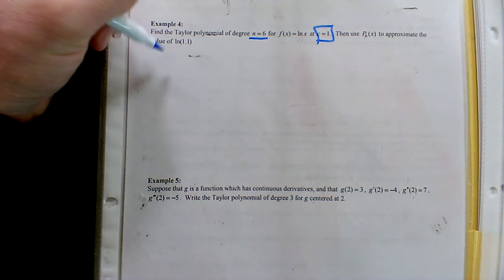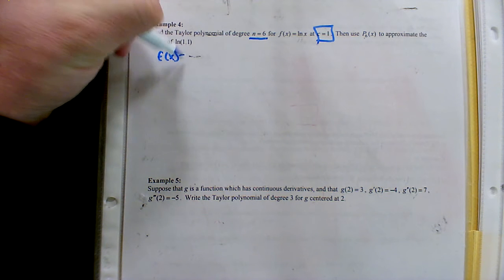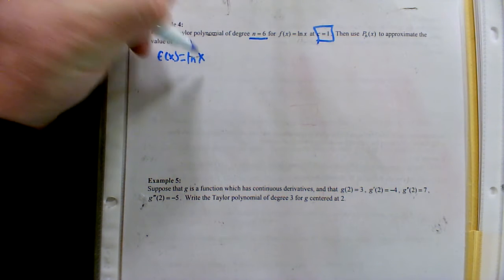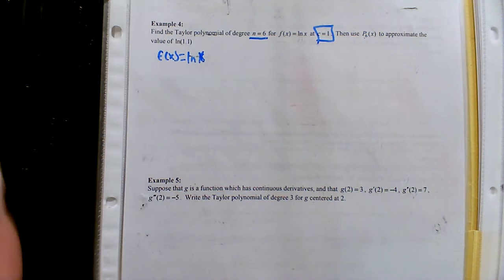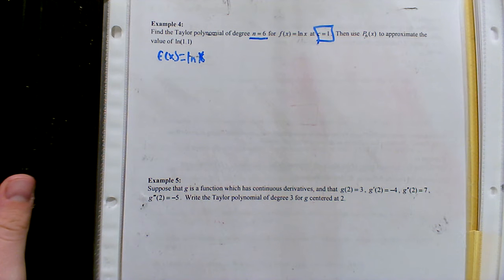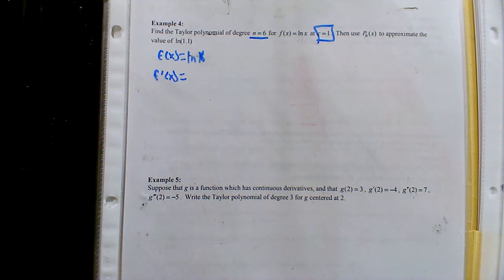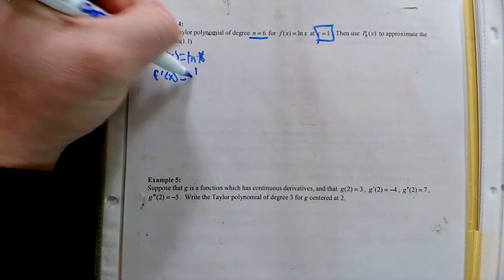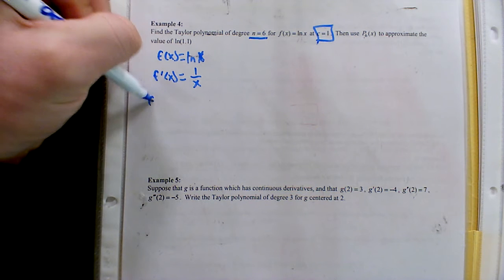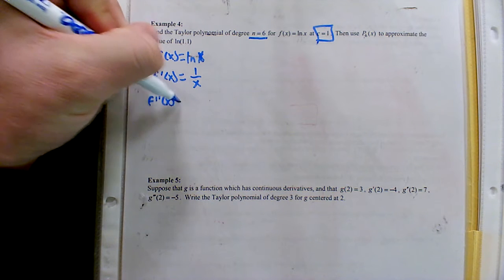Okay, so the first thing we need to do, we know f of x is equal to ln of x. We need to find up to the 6th derivative. So first derivative, f prime of x of ln of x is what? 1 over x. F double prime of x.